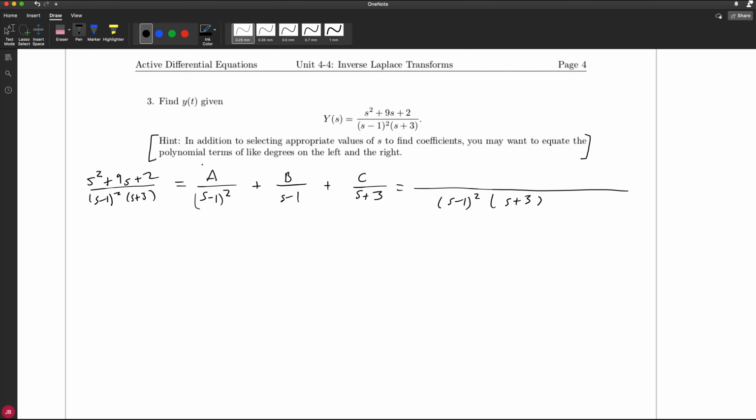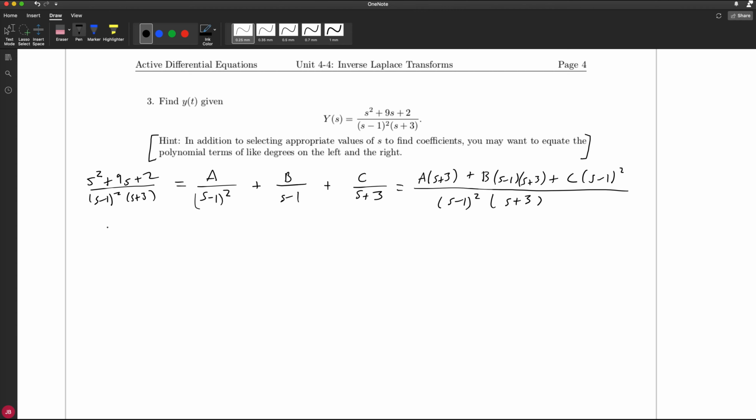So let's go back and adjust now, okay? This A already has the s minus 1 squared, so it looks like it just needs the s plus 3, right? The B, it has one of the s minus 1s, so it needs another one, and it also needs the s plus 3. Now the C, it already has the s plus 3, so that means that it needs the s minus 1 squared.